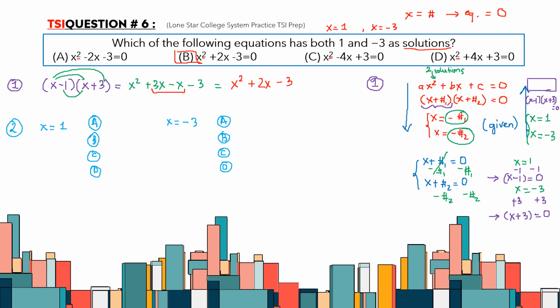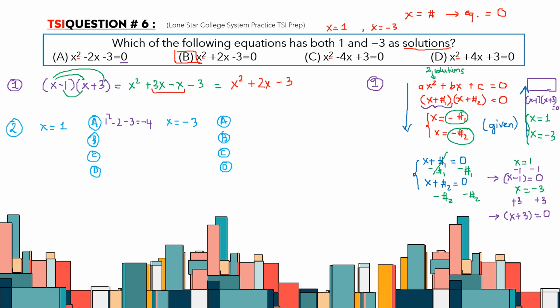So let's plug x equals 1 into A. We have 1 squared minus 2 times 1 is 2, minus 3. 1 minus 2 is negative 1, minus 3 is negative 4. So it's not equal to 0.